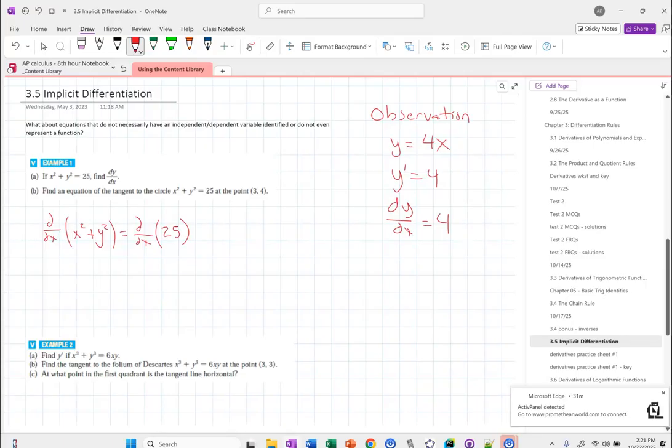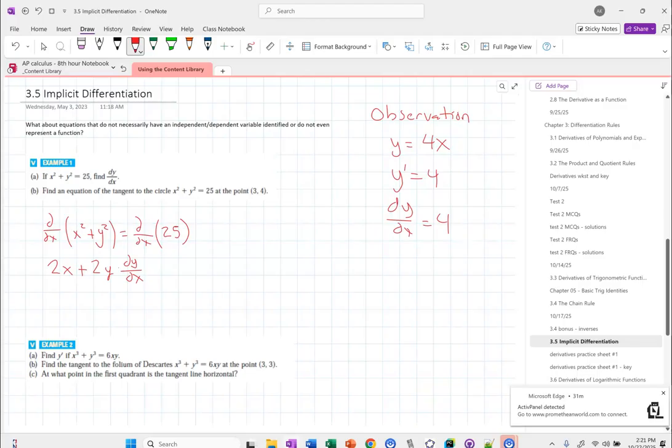The derivative of x squared is 2x. The derivative of y squared is 2y times dy/dx.